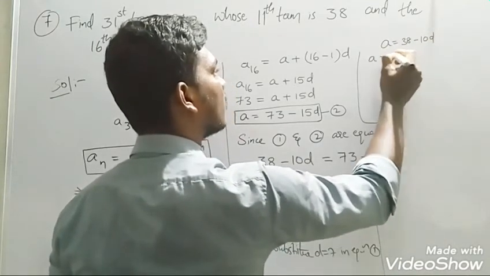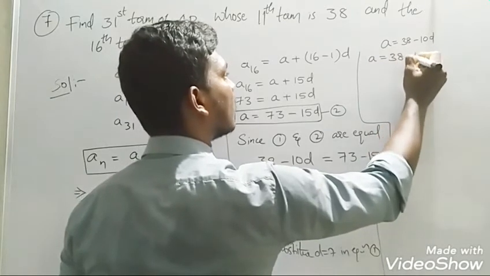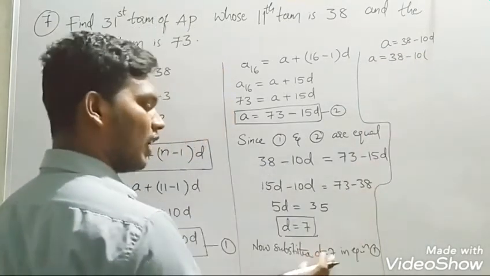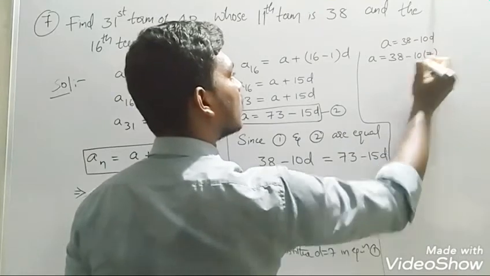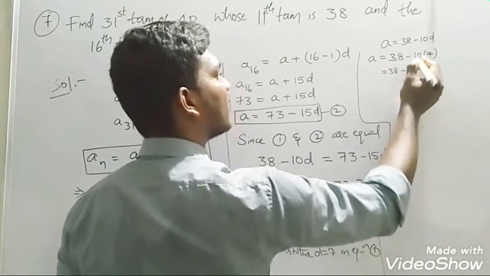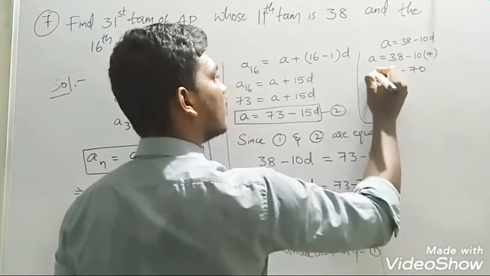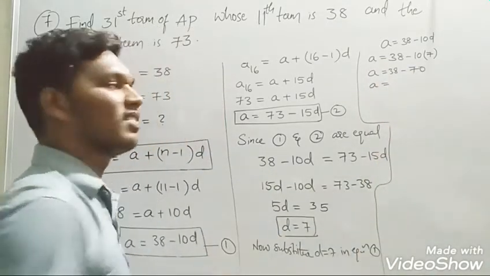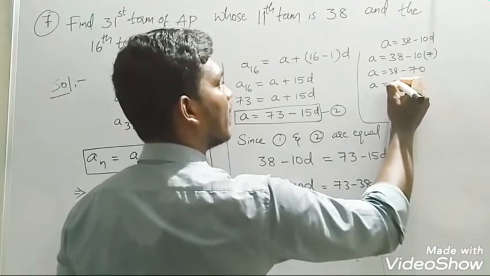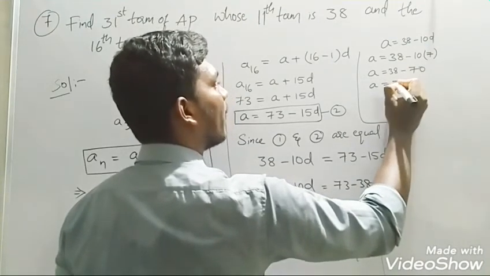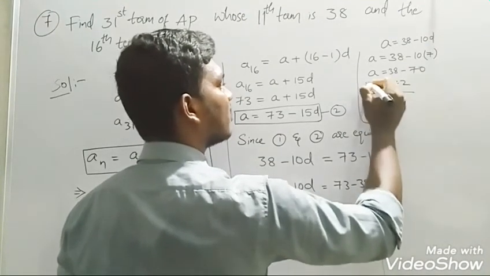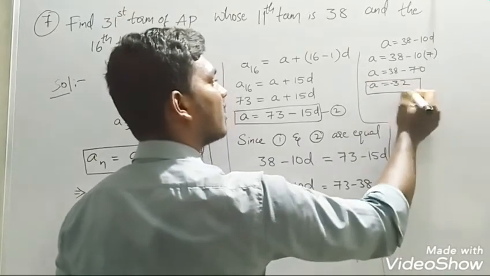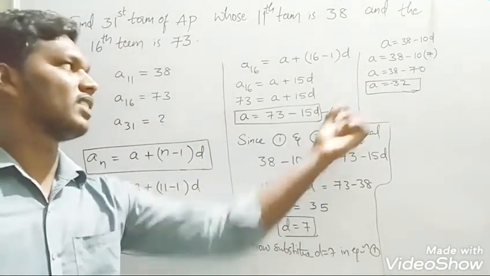We don't know. a is equal to 38 minus 10 into d, and the value of d is 7. So 10 sevens are 70, a is equal to 38 minus 70. 38 minus 70 will be minus 32.